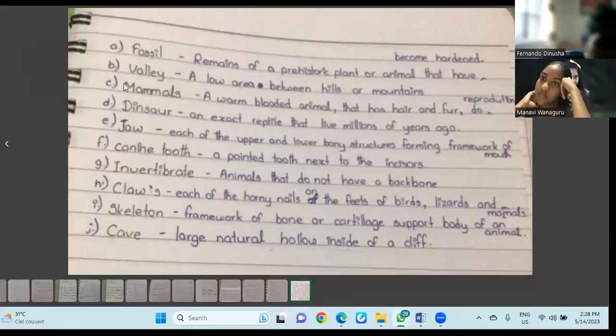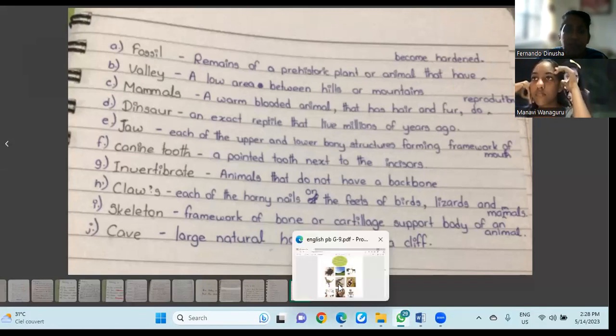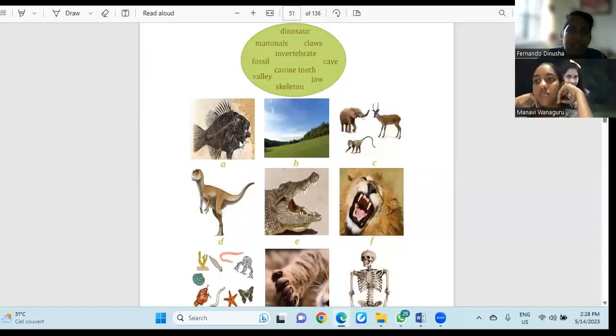Manavi, now look. Whenever you write this, everything is feeding to your memory. Fossil: remains of a prehistoric plant or animal that have become hardened. Now with the picture, if you look at this fossil, you know the meaning as well as the word, right?